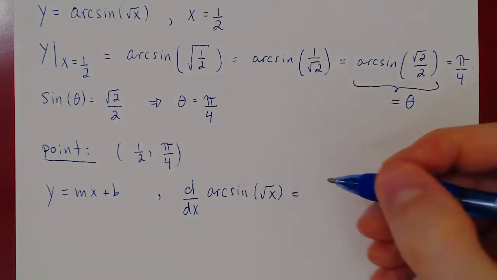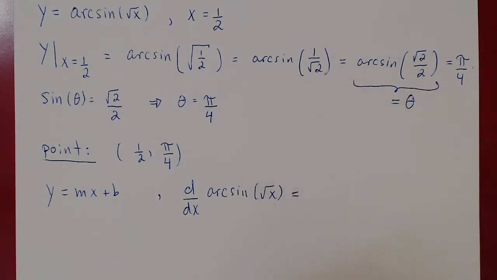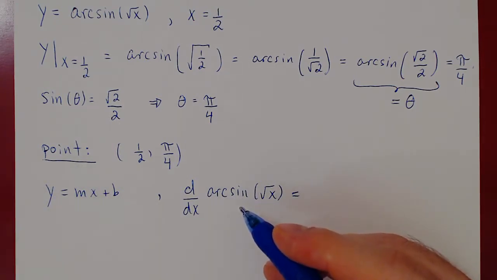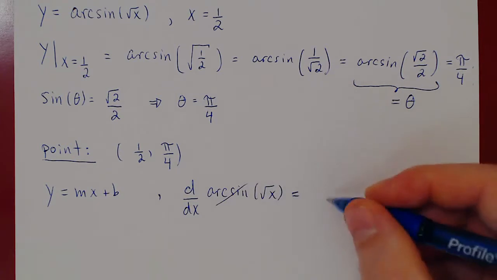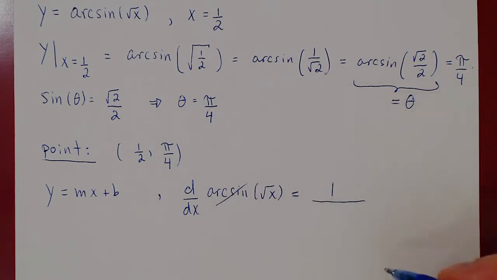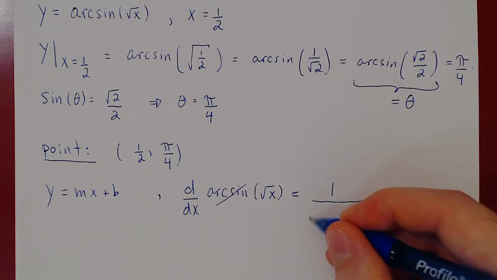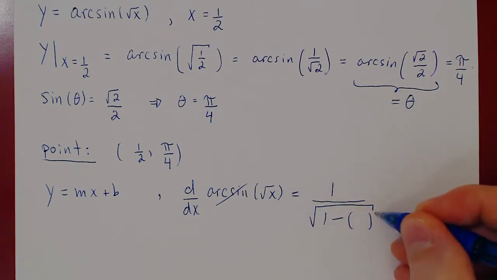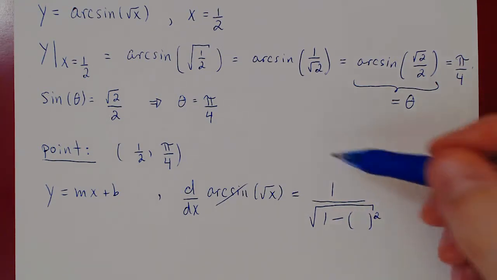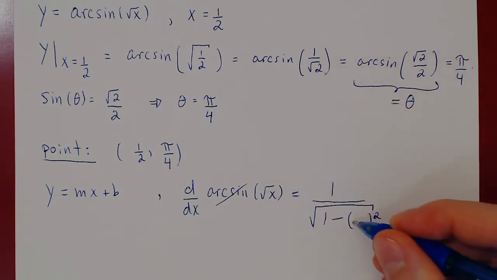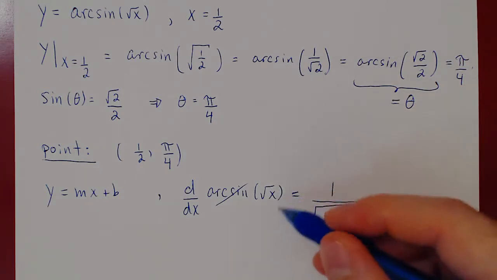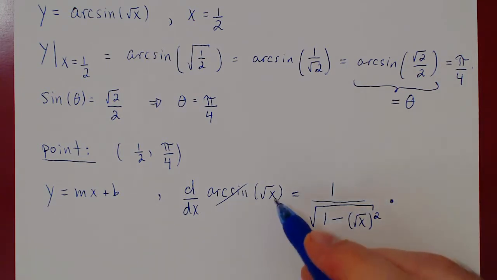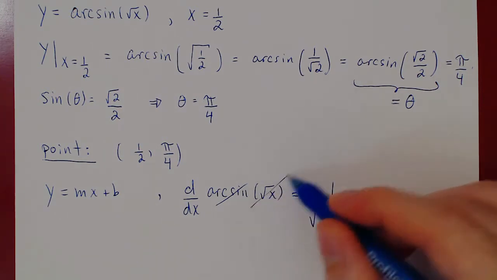Once again, here we have a composition, arc sine of root of x. The outside function is arc sine, and the derivative of arc sine, if you remember, is 1 over the square root of 1 minus the argument squared. And the argument here is root of x. But there's still a root of x left over, so we have to multiply what we have so far by the derivative of what's left over, which is root of x.